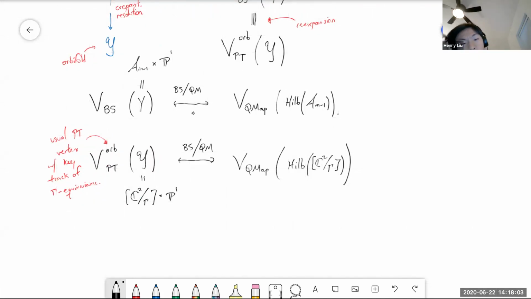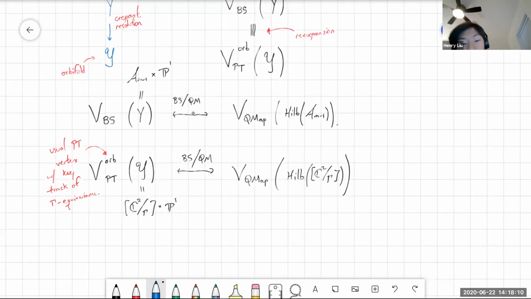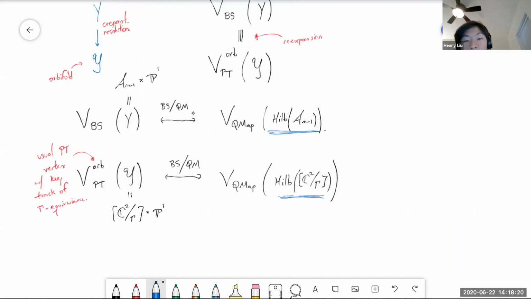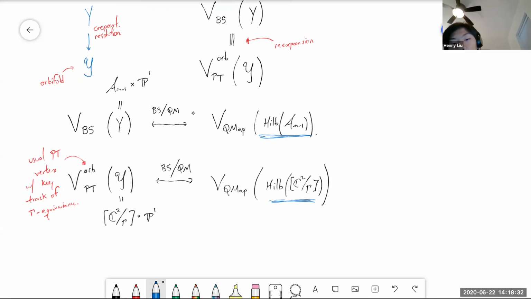Now, on the quasi map side, there's a lot to say about the relationship between these two vertices, because it turns out that these two spaces, this Hilb of an ADE surface and Hilb of the underlying orbifold, these are both Nakajima quiver varieties. And not only are they both Nakajima quiver varieties, they're both quiver varieties for the same quiver with two different choices of GIT stability. So two things are both M_Q.